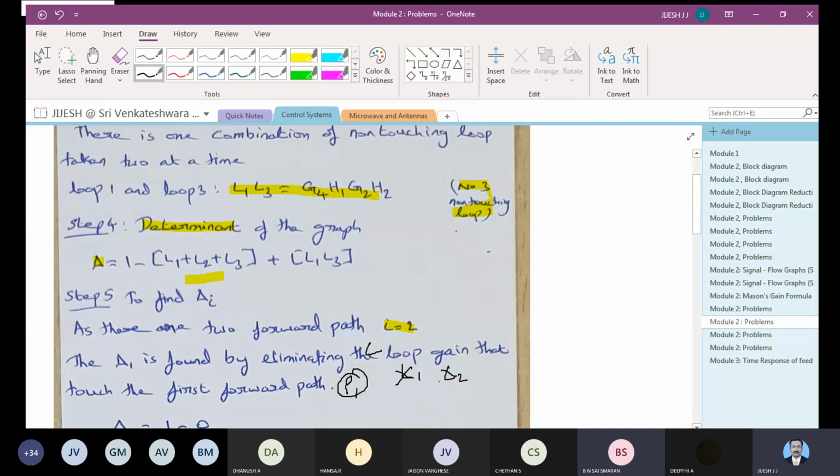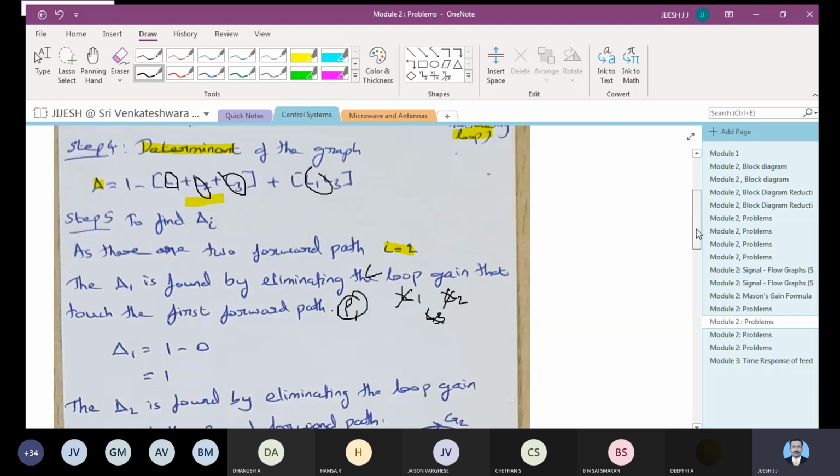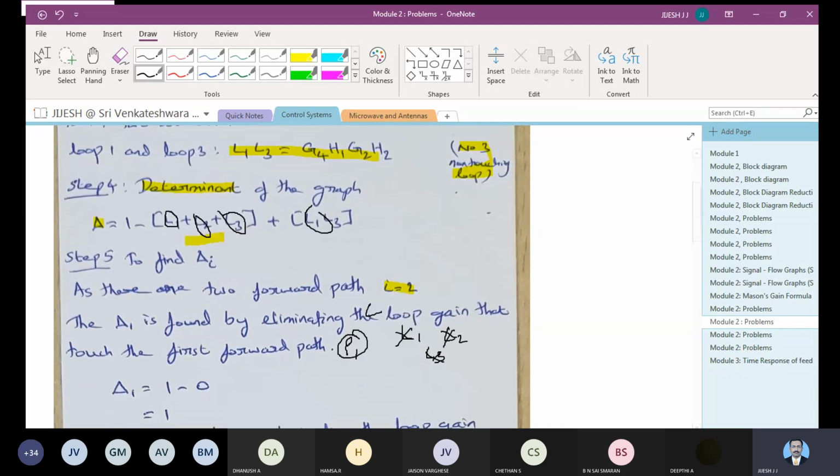Yes, sir. All the loops will be touching, so you eliminate all the loops. L1 will become 0, L2 will become 0, L3 will become 0, and the combination term also will become 0. Finally, delta 1 will be equal to 1 minus 0, so delta 1 is equal to 1.